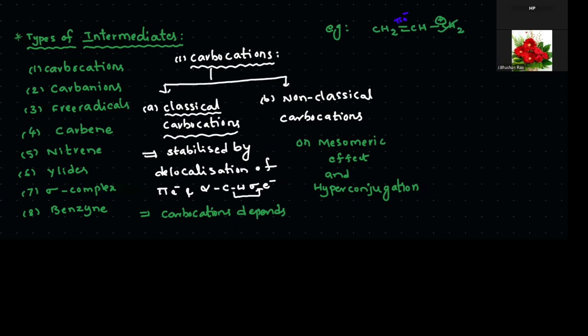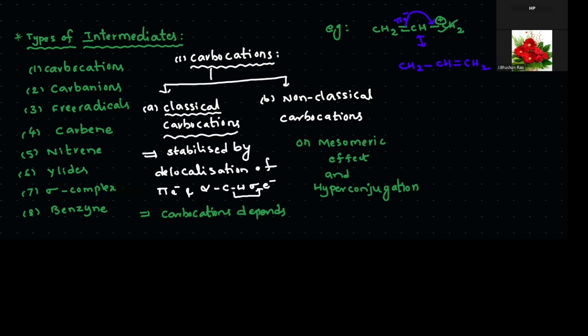If these pi bonded electrons donate to the adjacent carbocation, the carbocation is stabilized. We can write CH2 double bond converting into a single bond with CH, and the single bond converts into a double bond. Again, this one also gets the positive charge.